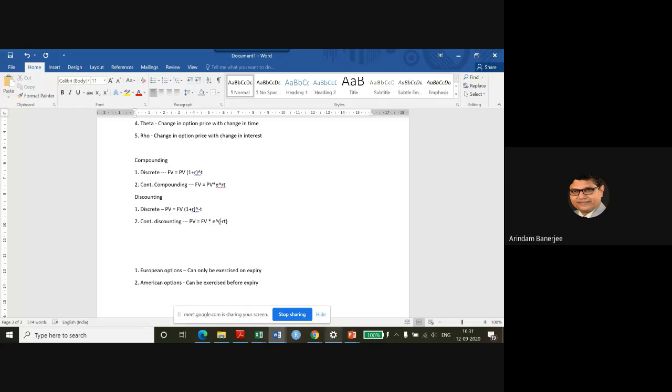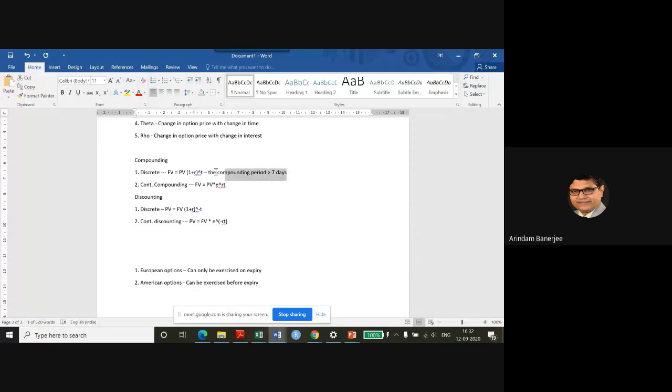So this is the formula. So in this case, where is continuous compounding and where is discrete? Discrete is where, there is a thumb rule, the compounding period is greater than 7 days.